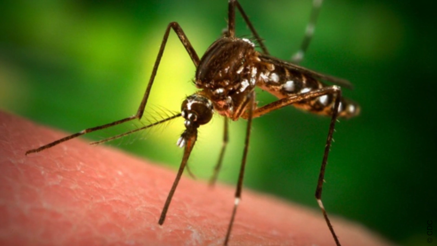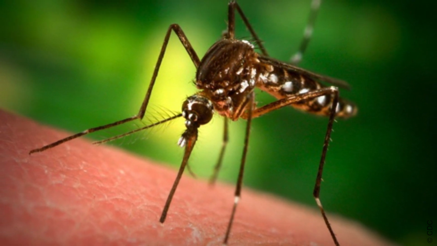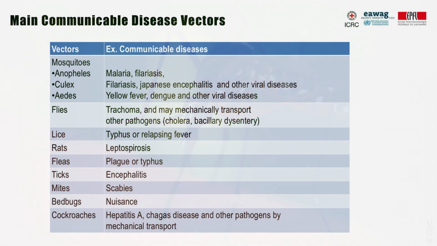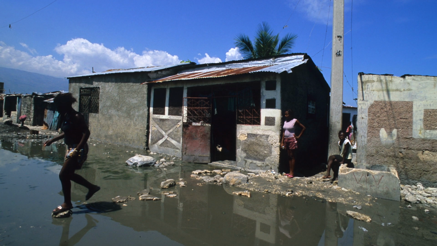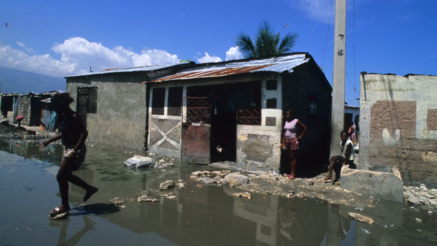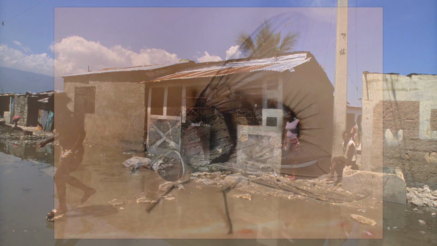The Anopheles, which breed in rather unpolluted water such as puddles or wells and which transmit malaria. The Aedes, which tend to breed in water receptacles such as bottles or buckets and which transmit yellow fever and dengue. The Culex, which breed in stagnant water loaded with organic matter such as in latrines and transmit filariasis.